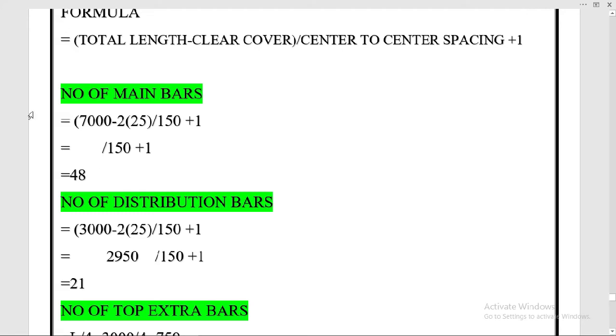The main bars are provided along the shorter span, but to calculate the number of main bars, we take the opposite span, the longer span.